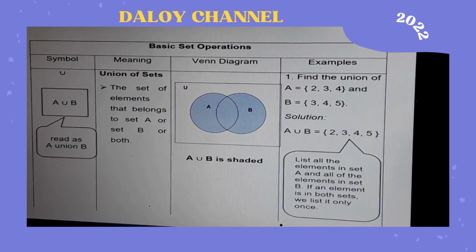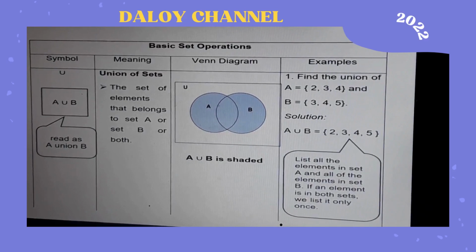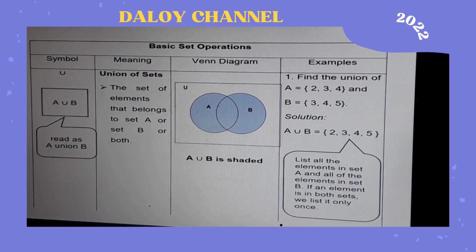If you have a symbol, bold letter U, comparing, for example, two sets A and B, so A union B. It's a symbol of union of sets: the set of elements that belong to set A or set B or both.